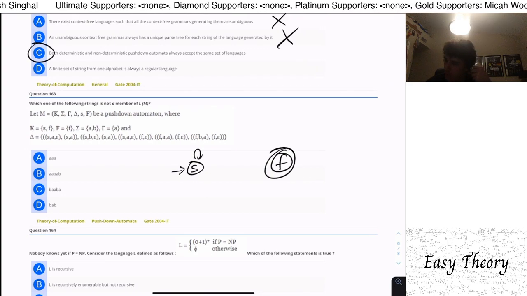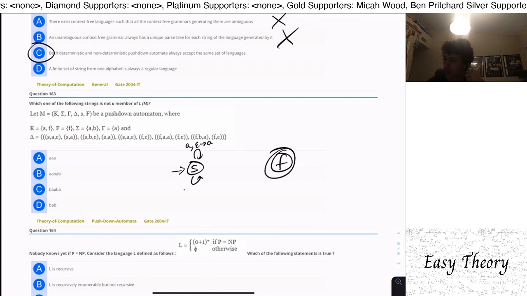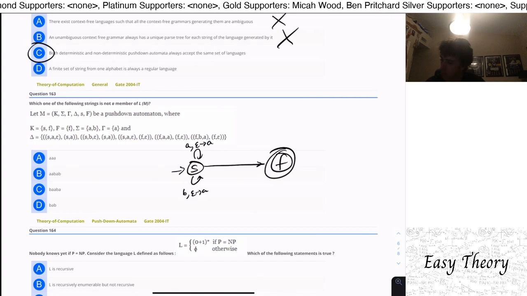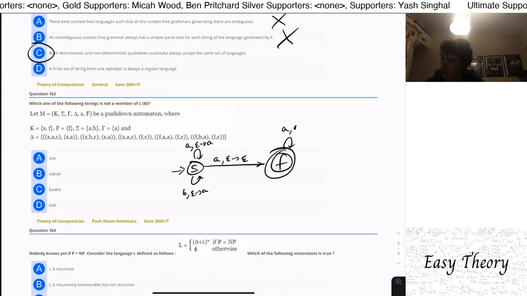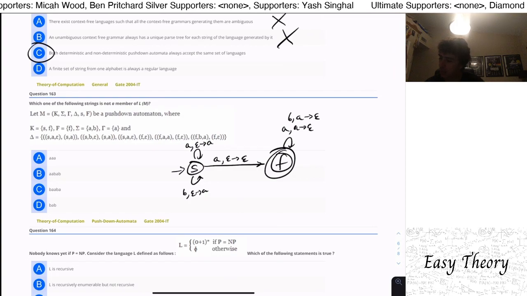So we have A epsilon goes to A. B epsilon goes to A. A epsilon goes to epsilon, it looks like. Then F self loops on everything. Yeah, A goes to epsilon. B, A goes to epsilon.